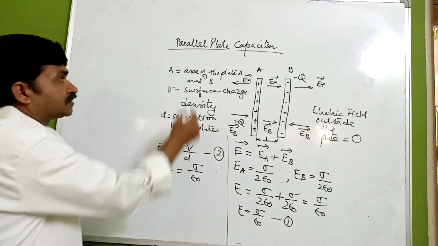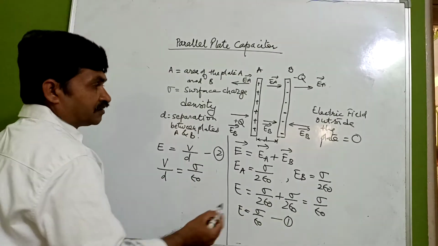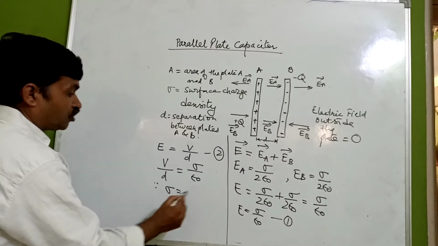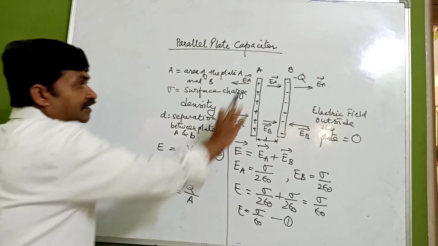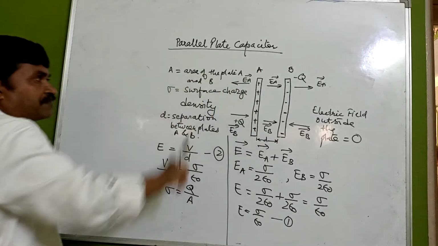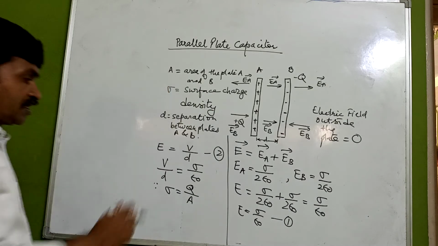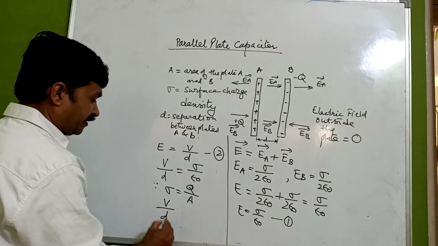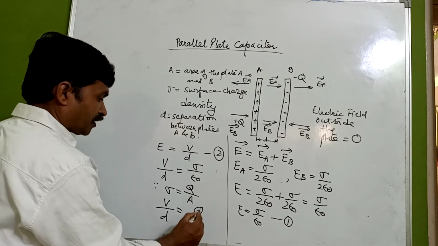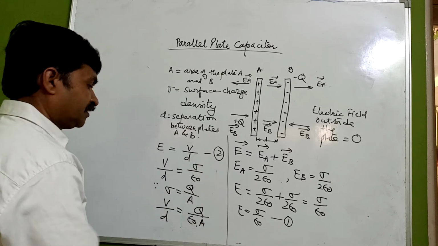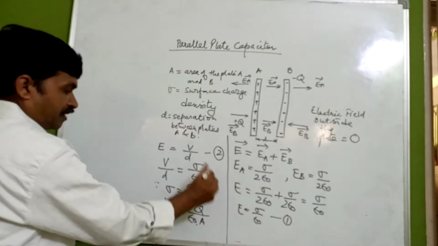Sigma, the surface charge density, is Q upon A, since both plates have the same area A. So V upon D equals Q upon epsilon naught into A.